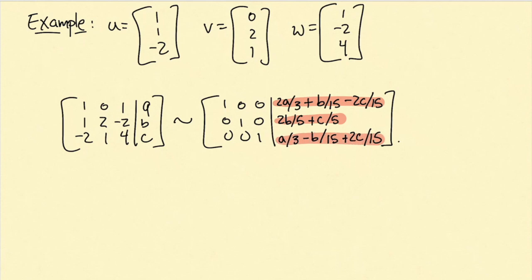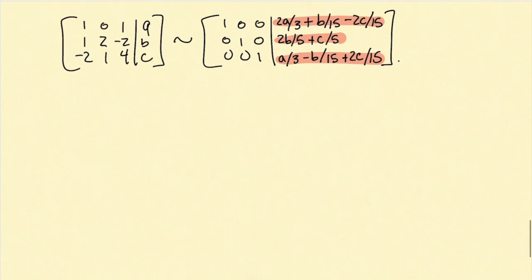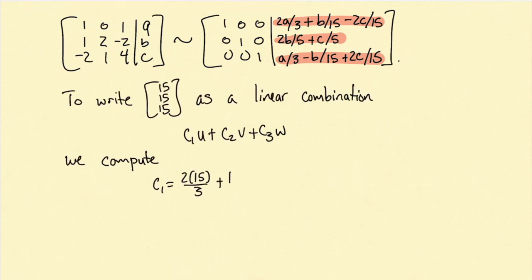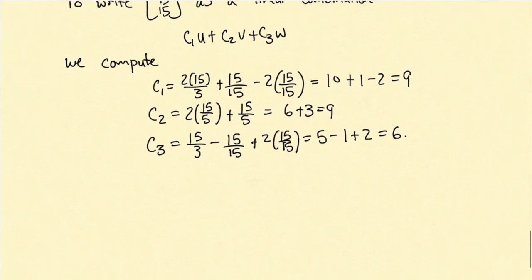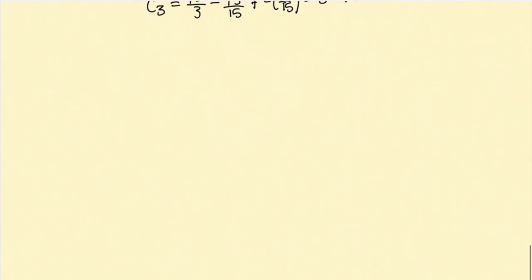So for example, if we wanted to know how to express the vector 15, 15, 15 as a linear combination of u, v, and w, we would simply plug the numbers 15 in for A, 15 in for B, and 15 in for C. So we record our observations here in the following proposition.